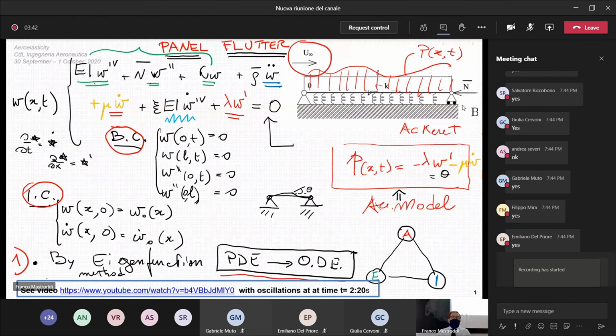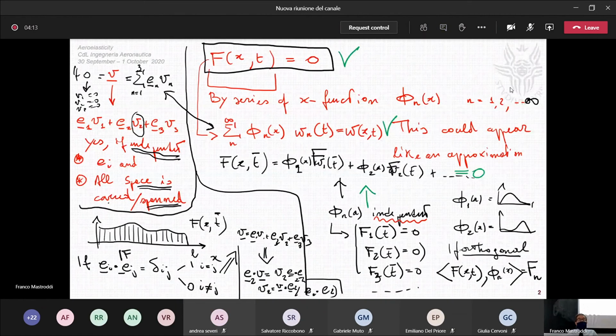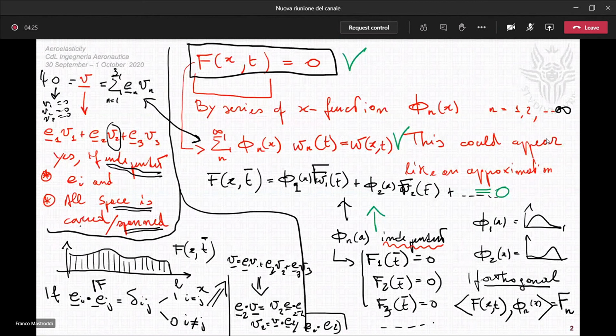Firstly, in general, if we have a time-space equation like that to be imposed to be equal to 0, like our original partial differential equation, we can express both the equation and the unknown in a series of space functions. These space functions have the role of base vectors in an infinite dimensional space, and therefore we have an infinite number of base functions.